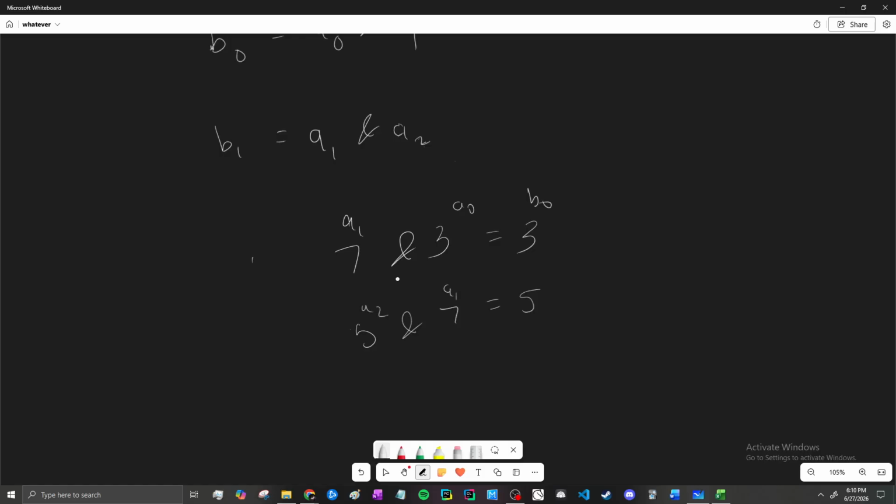A1, A2, B1. So let's just hypothetically assume you don't know these values, correct? You don't know these values here. How would you solve for them? That's kind of where I'm at right now.